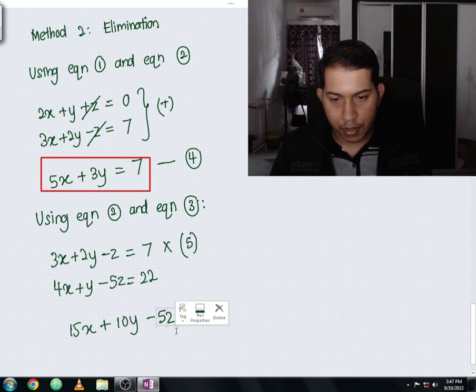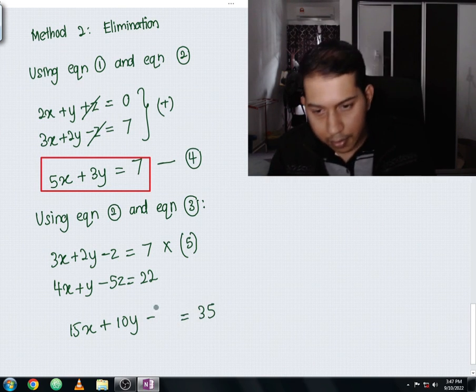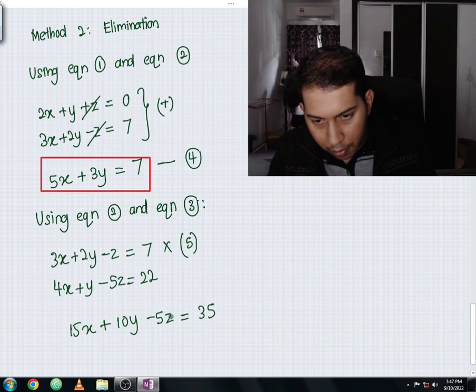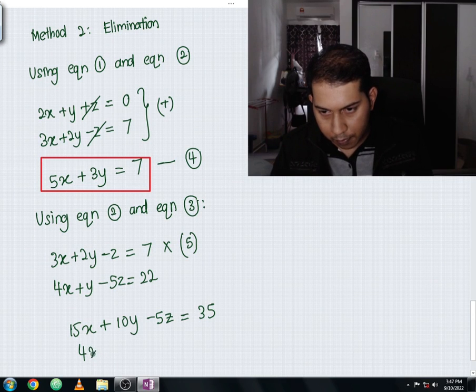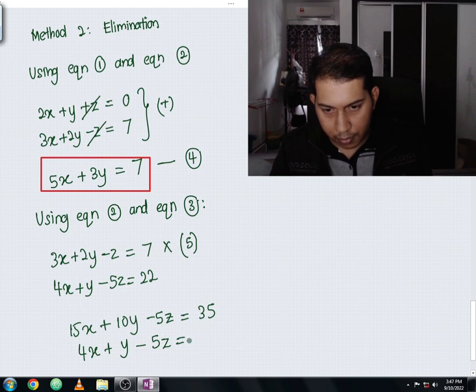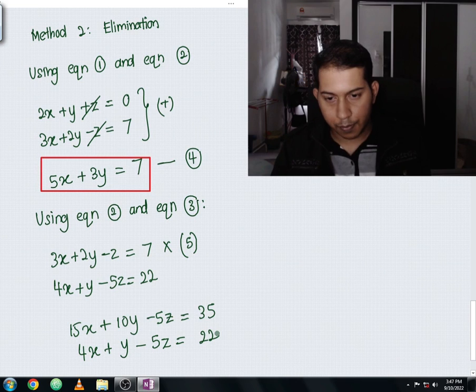By the way, it's not 52, guys, it's actually 5z. Then 4x plus y minus 5z equals 22.